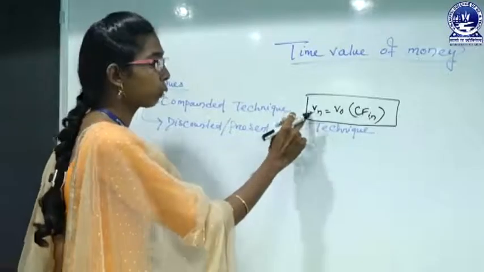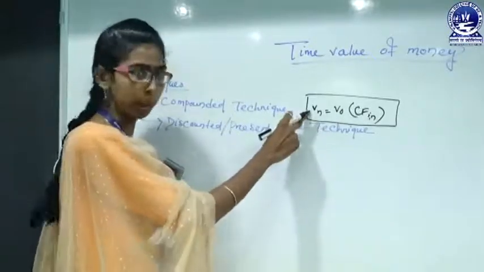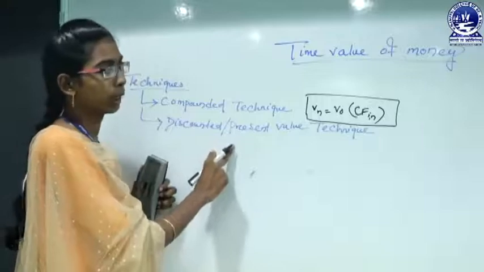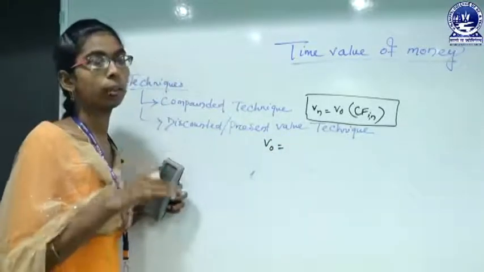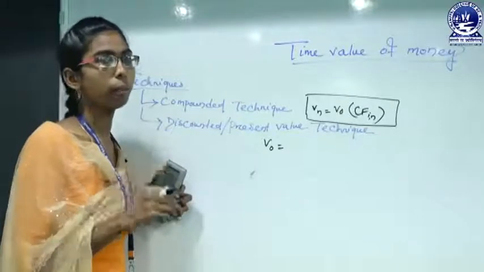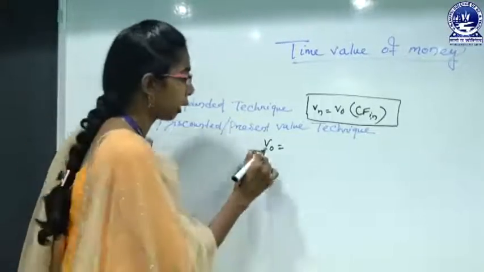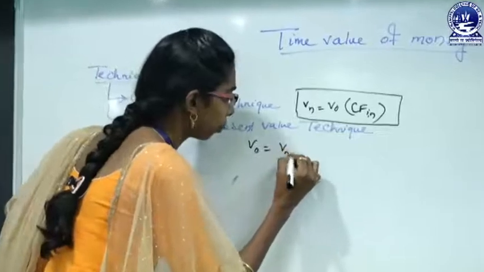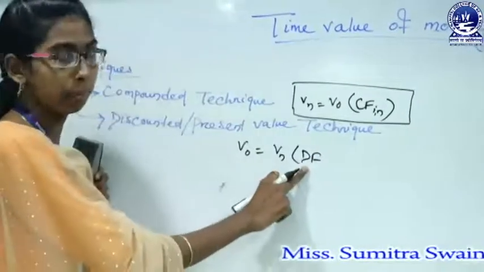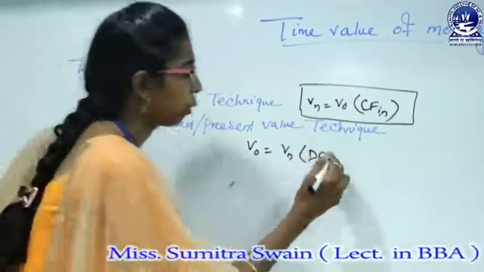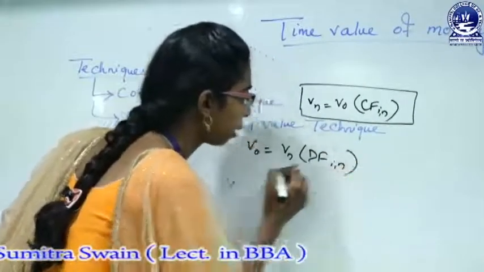There we calculate the future value, but in the present value technique we calculate the value in the present date. So V0 will be our Vn, and here the table will be DF, the discounted factor table, and In.